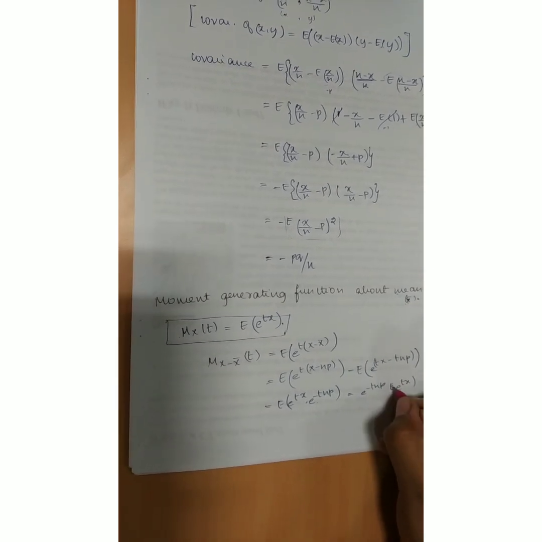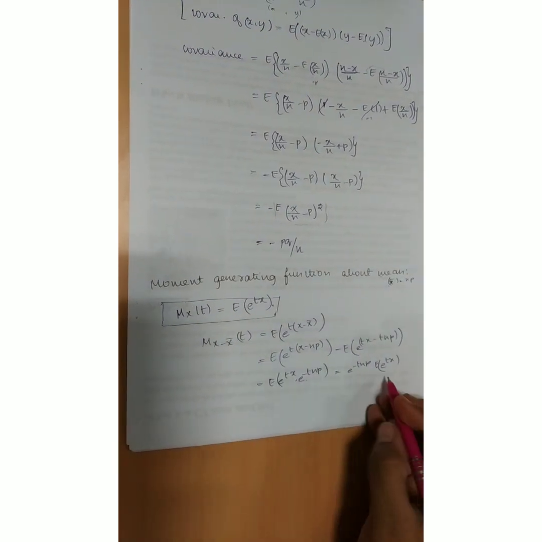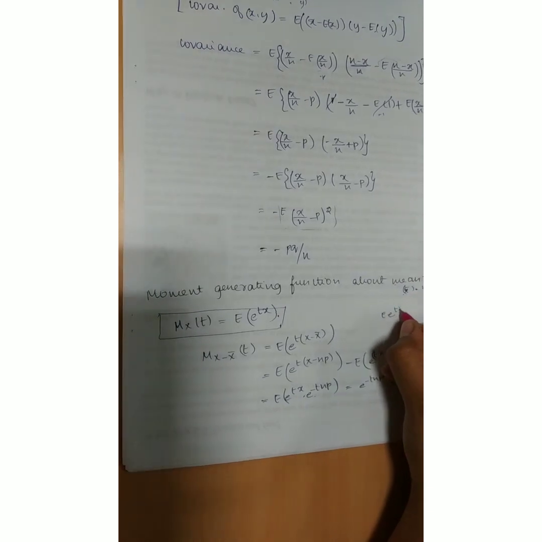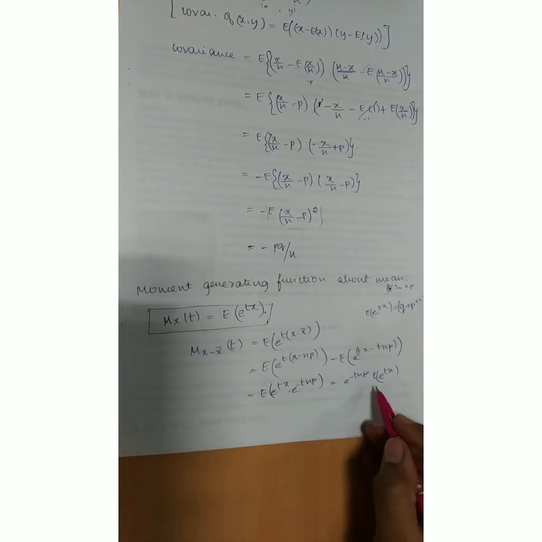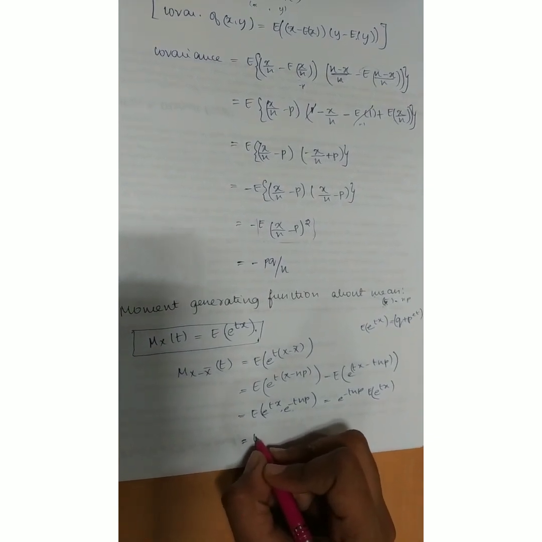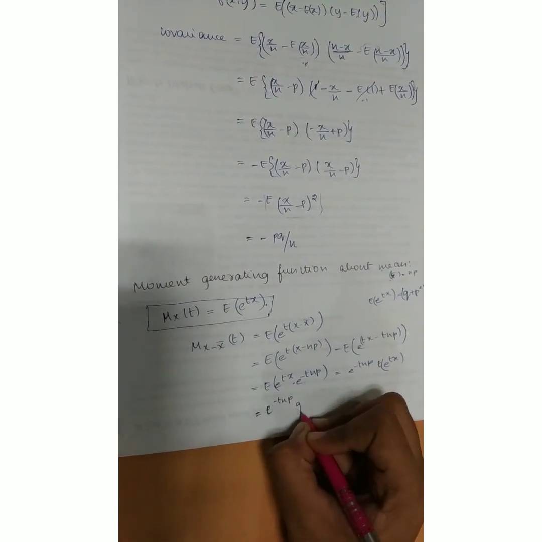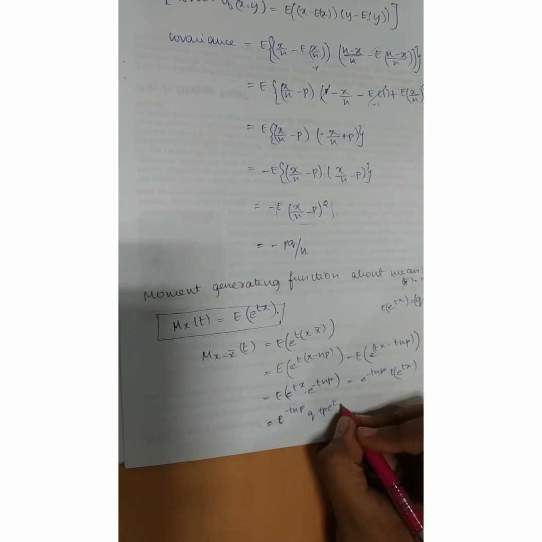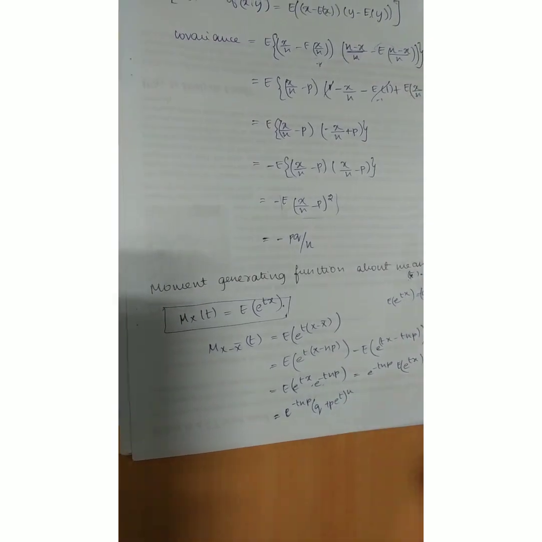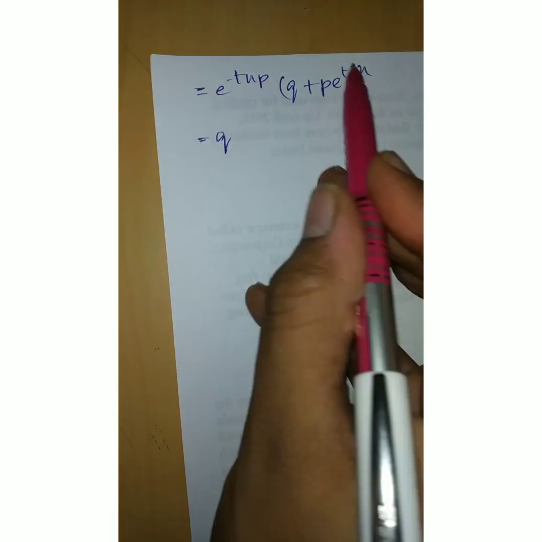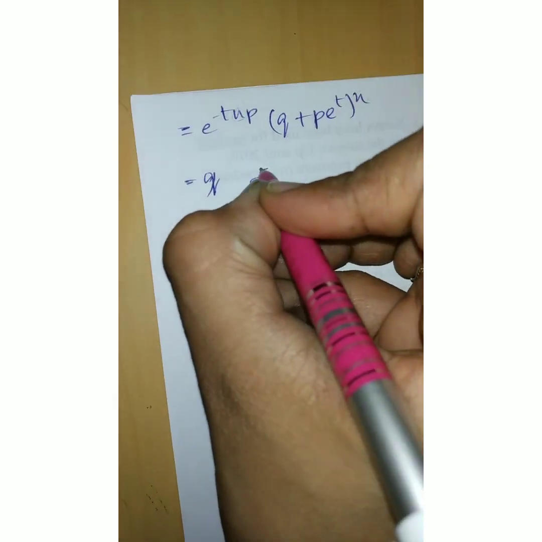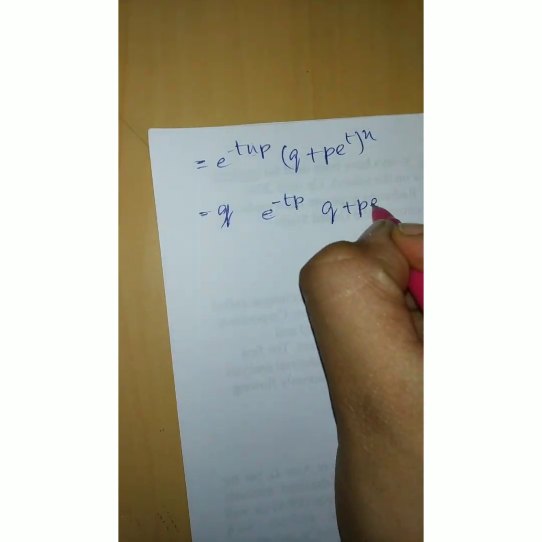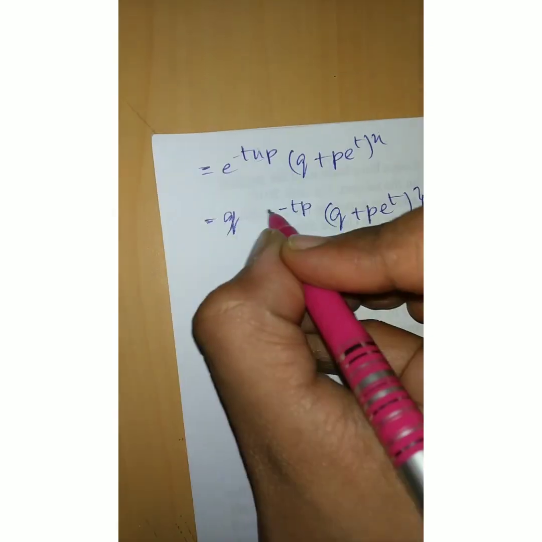Taking e power minus tnp outside and substituting the value of expectation of e power tx as (q plus p e power t) the whole power n, we get e power minus tnp into (q plus p e power t) the whole power n. Then taking the power n common outside, we get (e power minus tp into (q plus p e power t)) the whole power n.